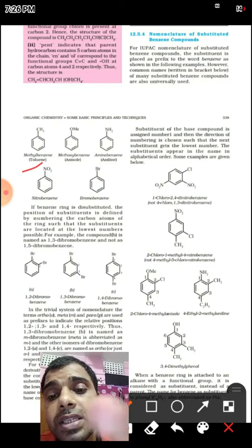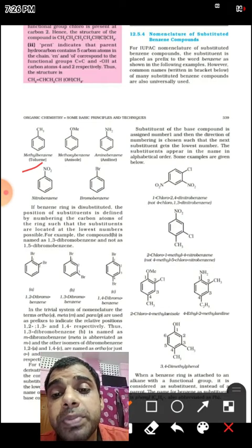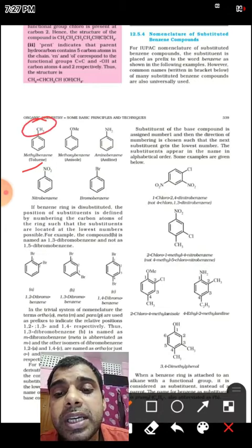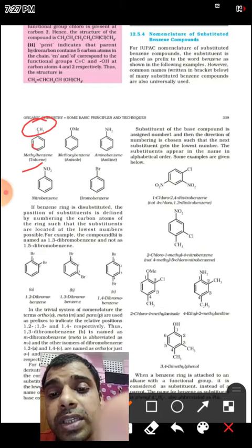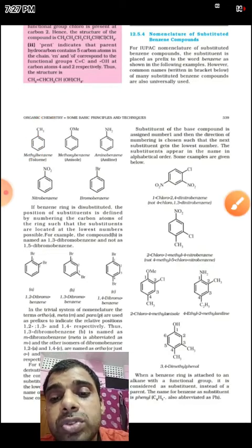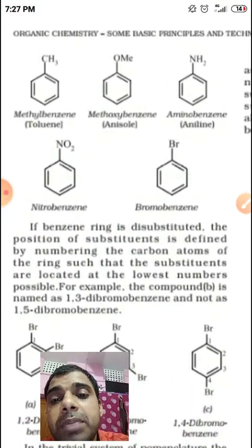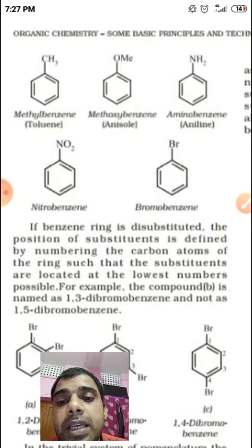But the IUPAC name: CH3 is an alkyl group, one carbon, that means methyl, and this one is benzene. So it can be written as methyl benzene. You can see here it is clearly visible, methyl benzene.